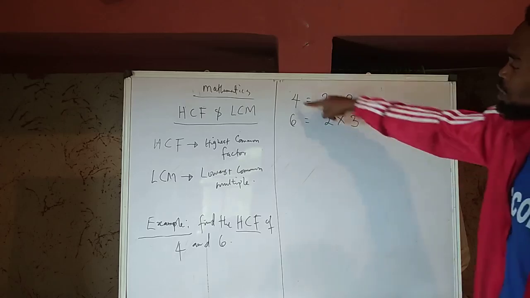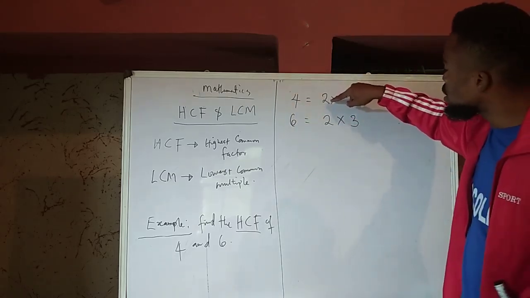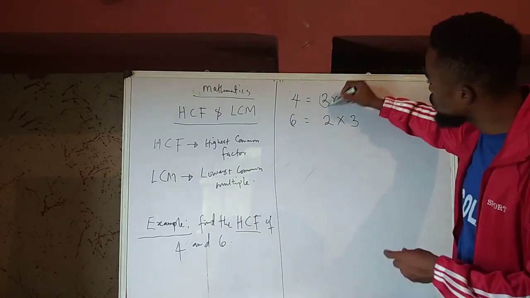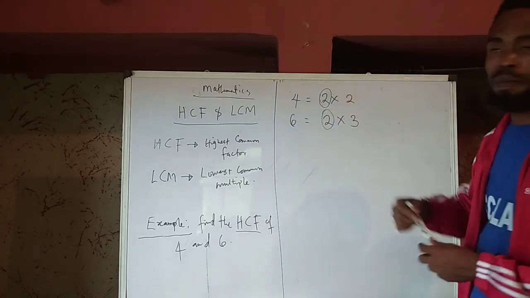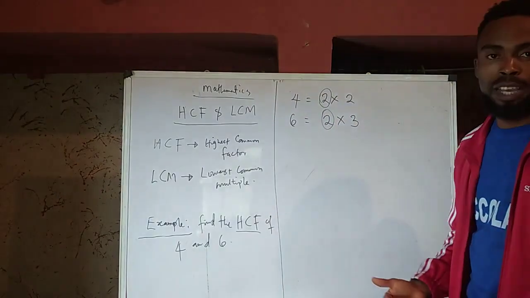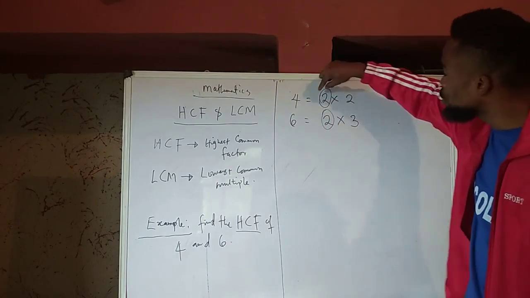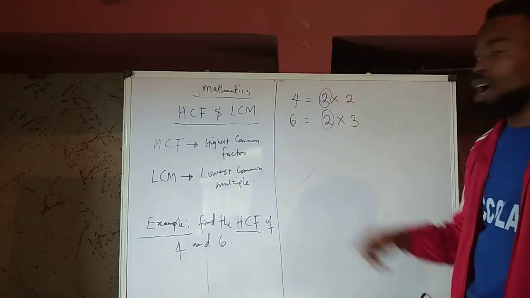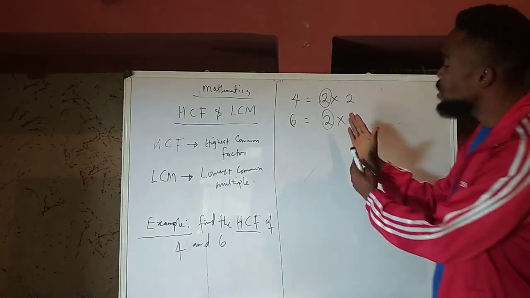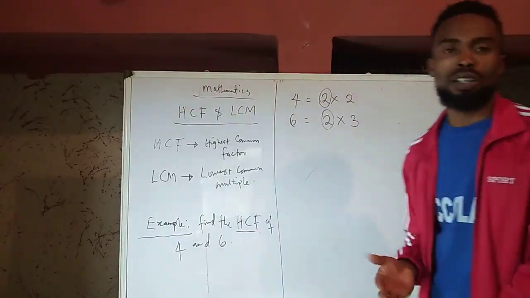Now, if you look at these two numbers, 4 and 6, you can see that we have 2 here and 2 here. So what that means is that 2 is common to both of them, right? That's why the name is there, common factors.